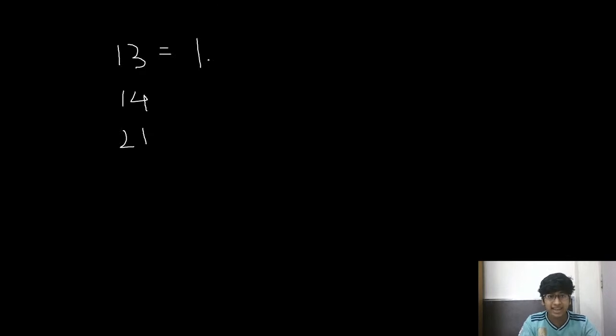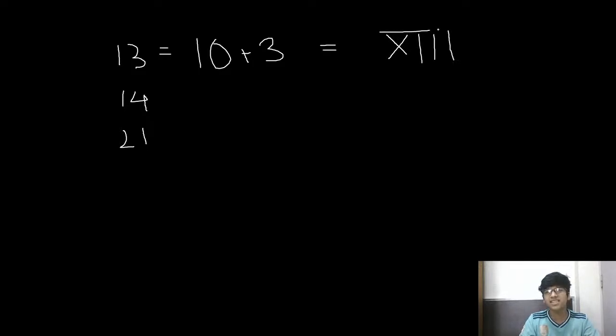Write 10 plus 3. We need to expand 13 as 10 plus 3. So how do we write it now? It is easy. 10 is X and 3 is 3 times I. So we get this as the answer.